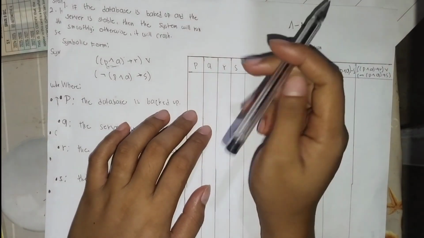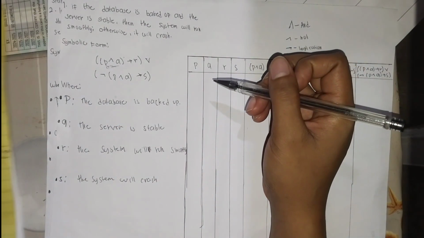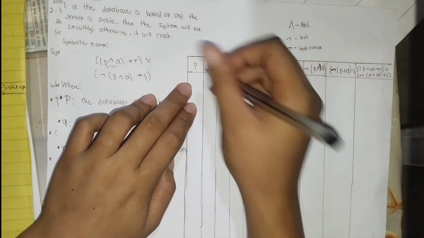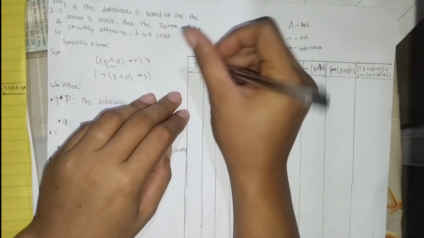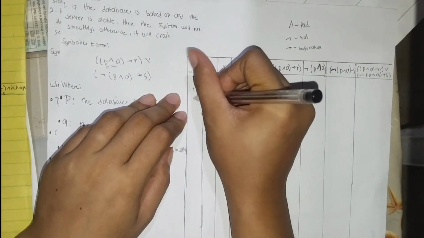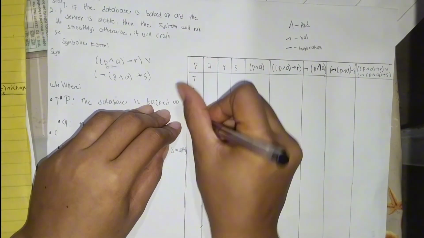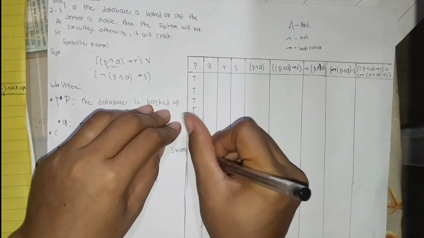Now we fill in the table. P is true for 8 rows: 1, 2, 3, 4, 5, 6, 7, 8.